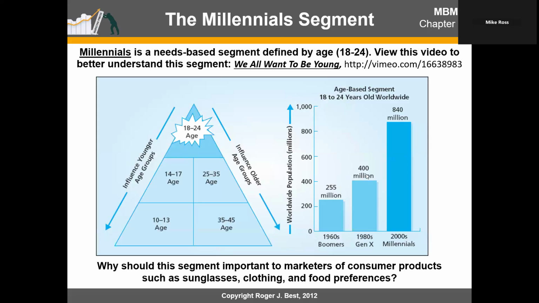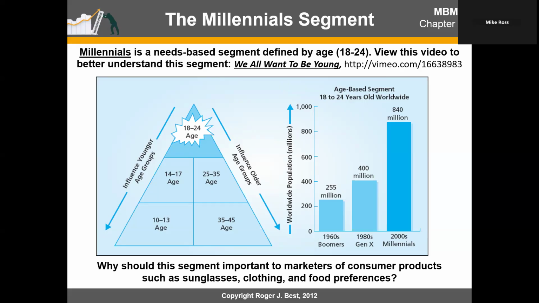So let's consider the age group called millennials. You can see that now these slides are a little bit older, but when they were developed, millennials were sort of the newest and youngest age group, age demographic, age segment.